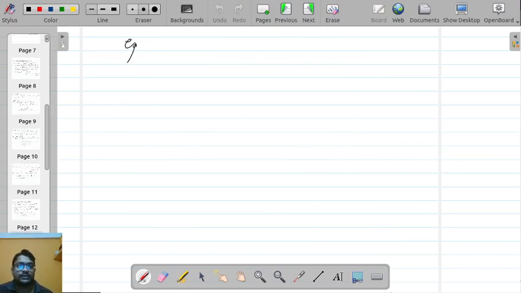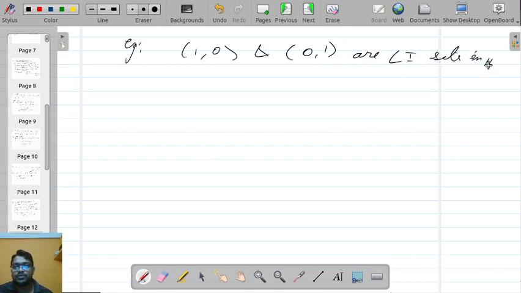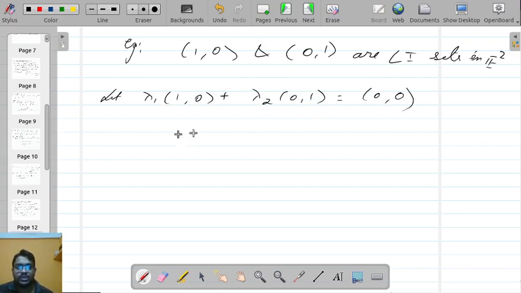So for example, (1,0) and (0,1) are linearly independent sets in R square. How do you show this? Let lambda 1 times (1,0) plus lambda 2 times (0,1) equal (0,0). We assume that this linear combination comes out to be 0. If the only solution for lambda 1 and lambda 2 is 0 and 0, then these vectors are said to be linearly independent.